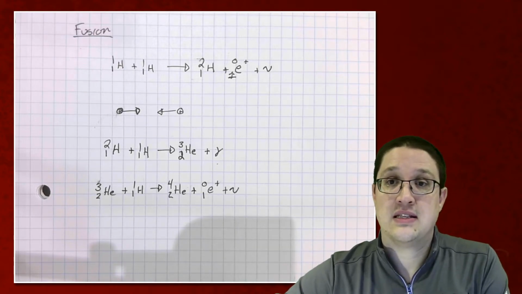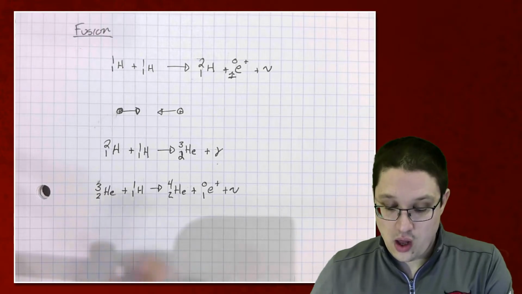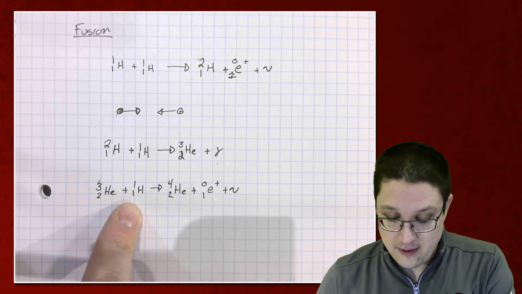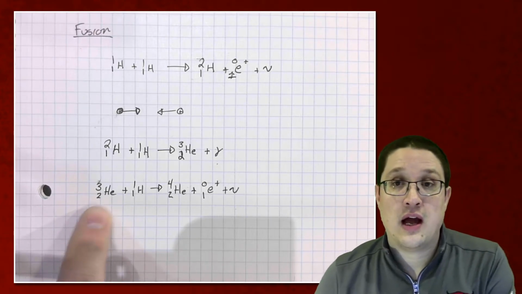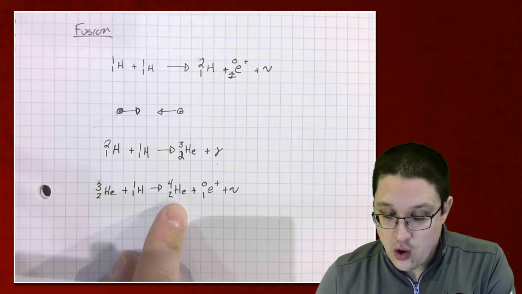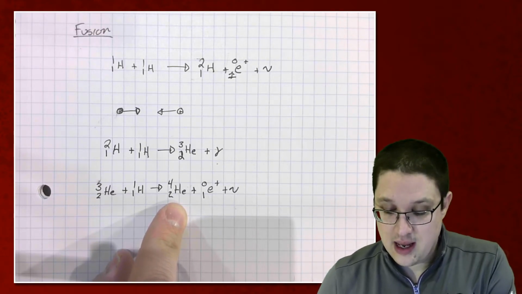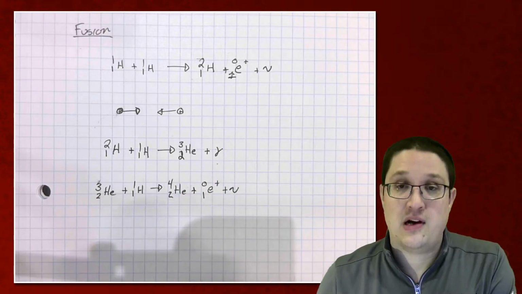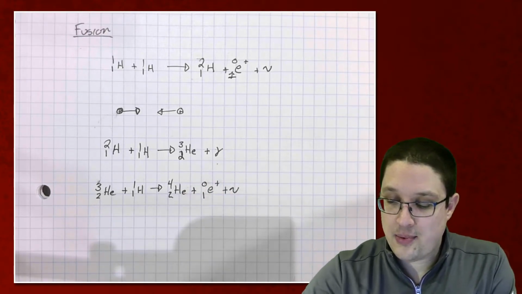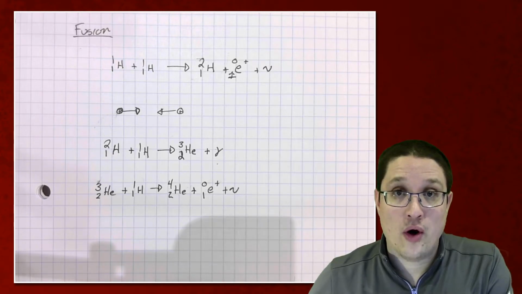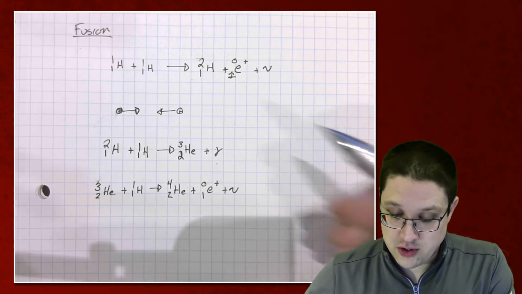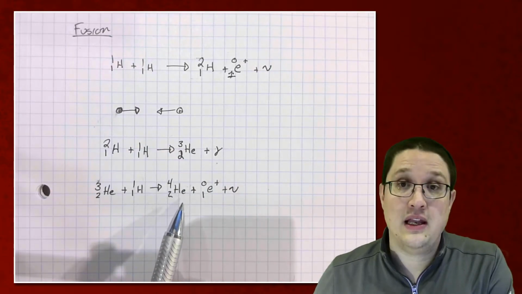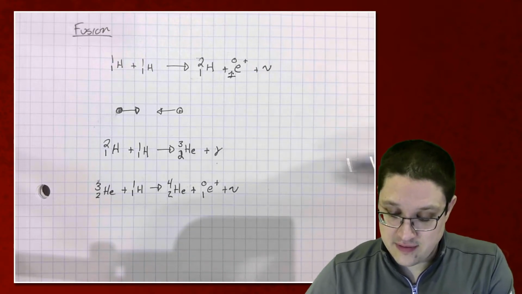In order to make stable helium-4, it might collide with another hydrogen nucleus. If that helium-3 nucleus collides with another hydrogen nucleus, we end up with, similarly, helium-4. That proton turns into a neutron, and we release a positron and a neutrino, and we end up with helium-4 as our product. So to go from stable hydrogen to stable helium, we need several steps.